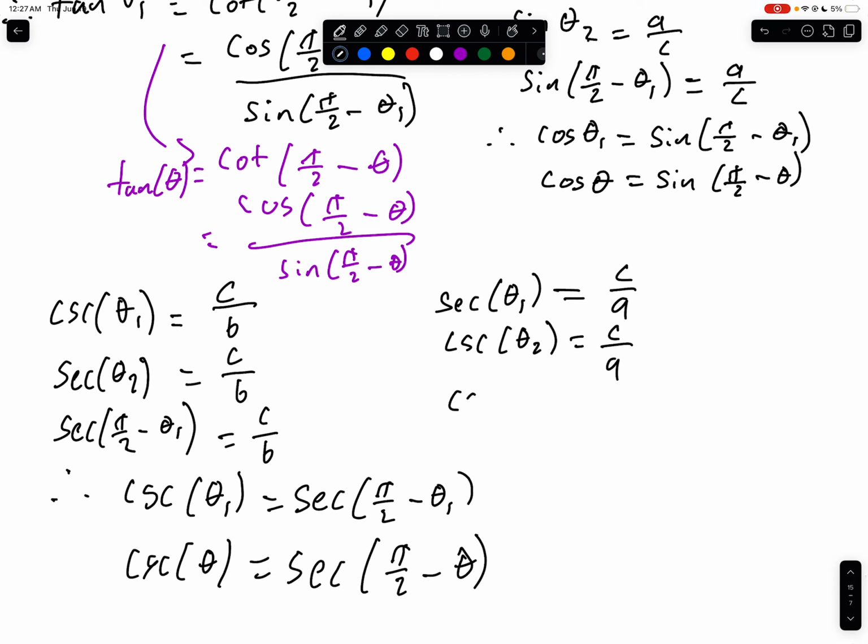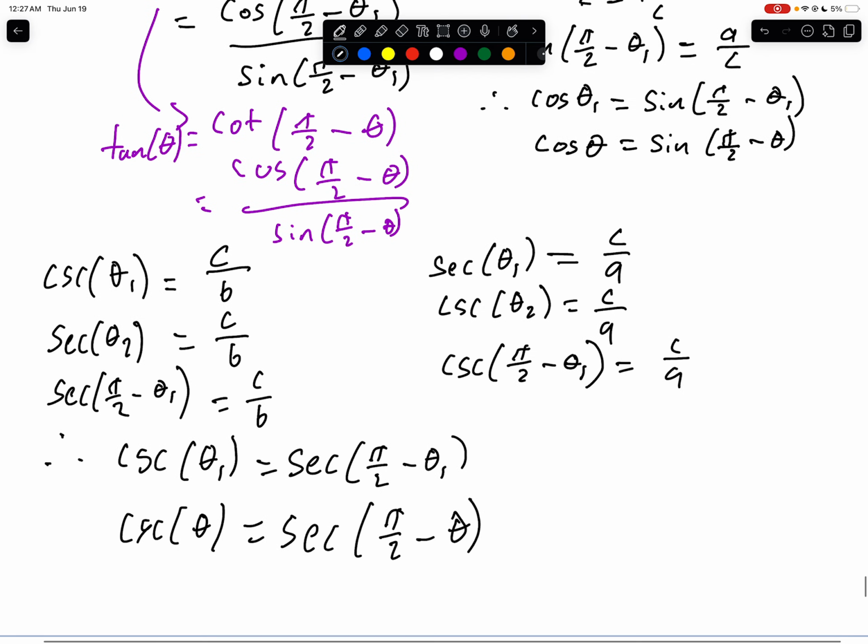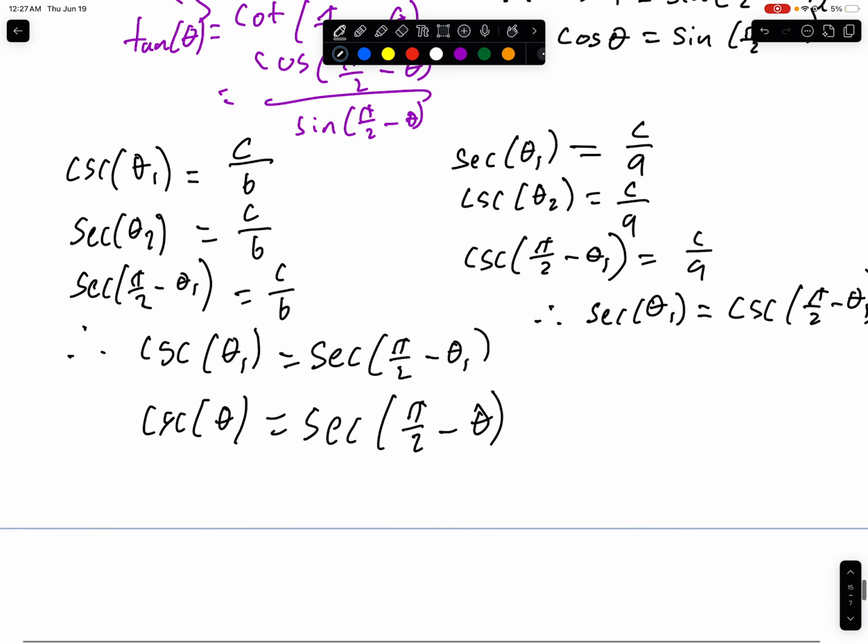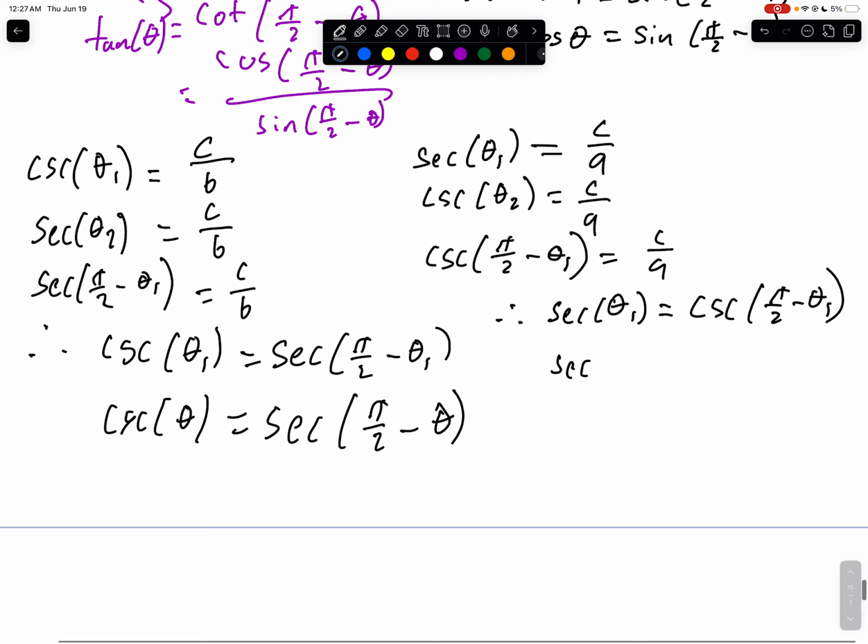So cosecant of pi over 2 minus theta 1 is also C over A. So you can say, therefore, secant of theta 1 equals cosecant of pi over 2 minus theta 1. And we want to generalize this. We can say secant of theta equals cosecant of pi over 2 minus theta.